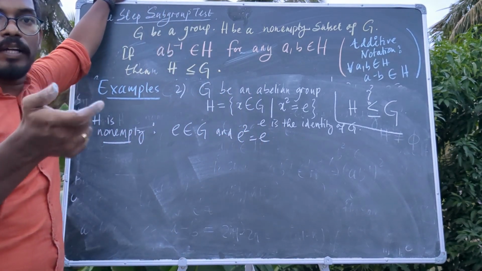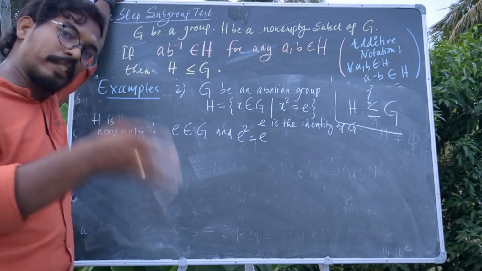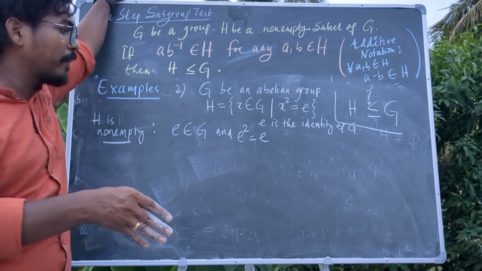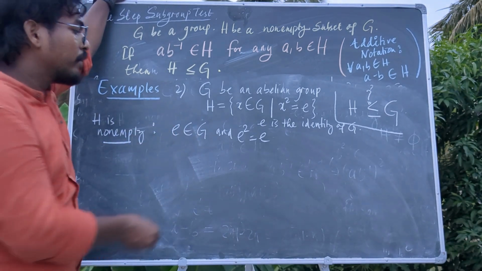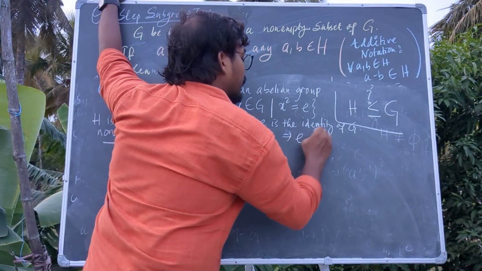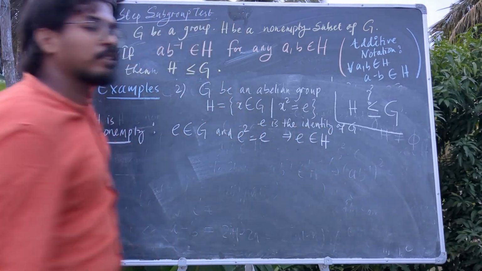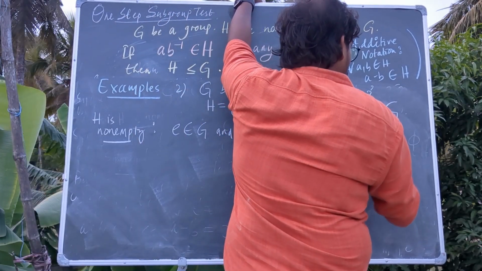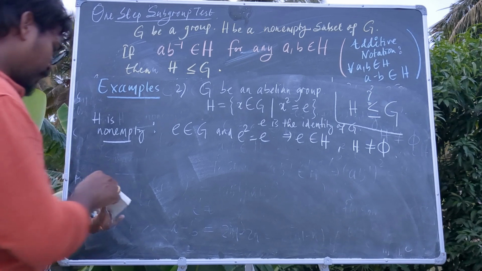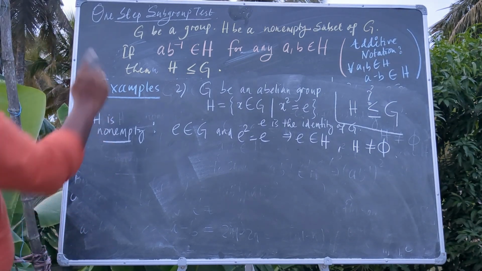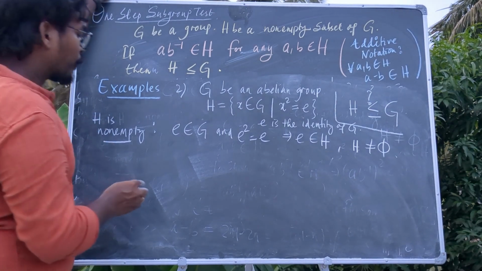If I operate identity with identity, I get identity. That implies e belongs to the set H. We have H non-empty.